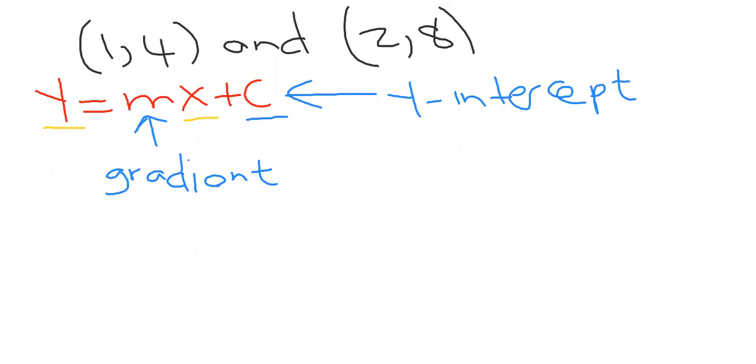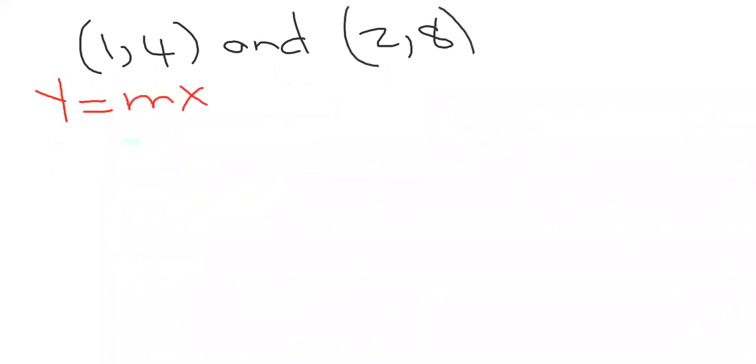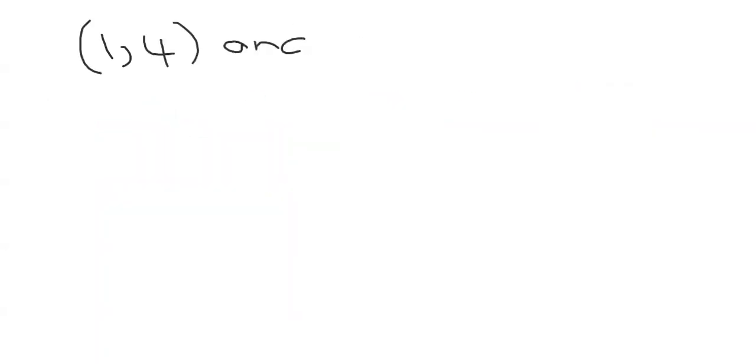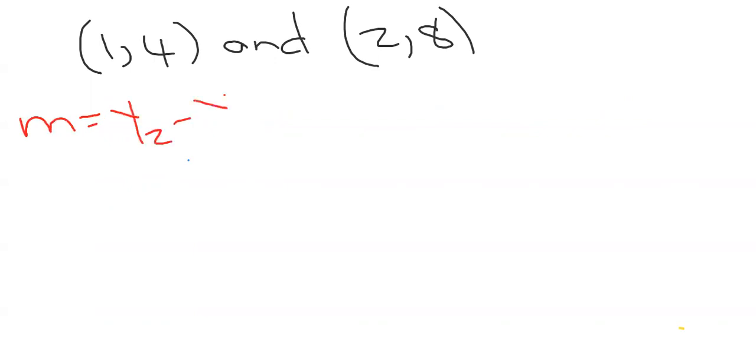So first things first, let's look for the gradient. To find the gradient, we said m equals y2 minus y1 over x2 minus x1.